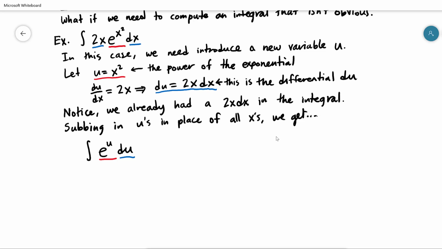This is the integral e to the u du. Well, what's the integral of e to the u? Well, it's e to the u plus some constant. And then all we need to do is get our answer back in terms of the original variable. So back in terms of x, what do we have?